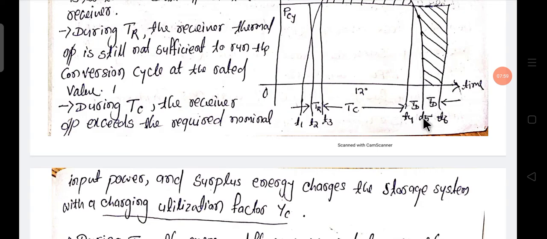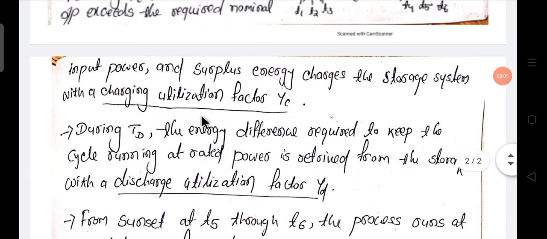From T4 to T5 is also TD, and T5 to T6 is also TD. During TD, the energy difference required to keep the cycle running at rated power is retrieved from the storage with a discharge utilization factor YD.